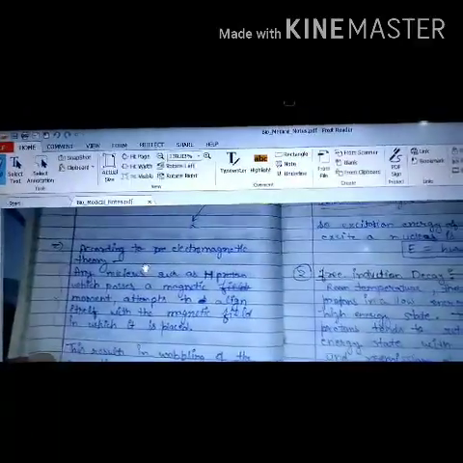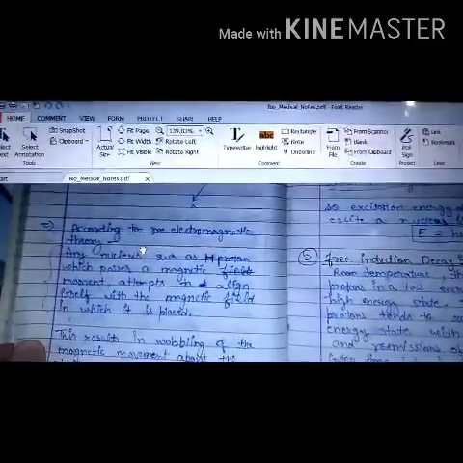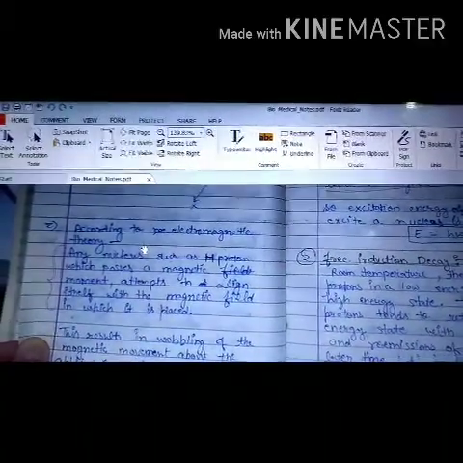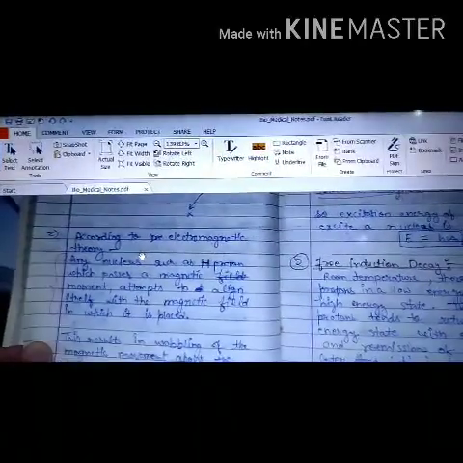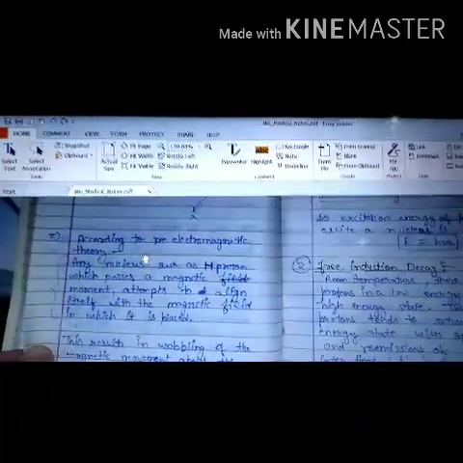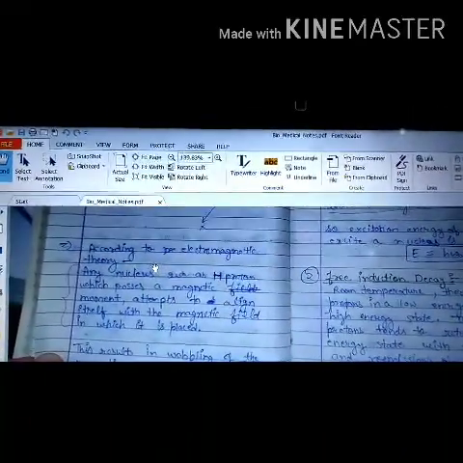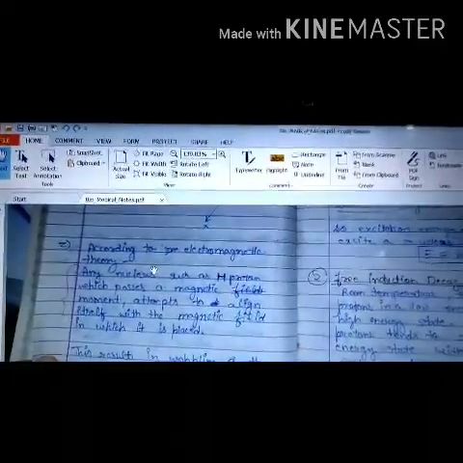According to electromagnetic theory, any nucleus such as a hydrogen proton which possesses a magnetic moment attempts to align itself with the magnetic field in which it is placed. So if we take any proton placed in a magnetic field, it will align itself with the magnetic field rather than in the x or y plane.